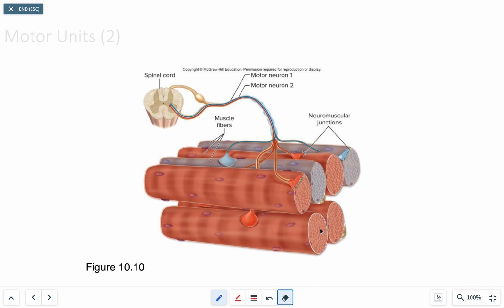If this was the quadricep muscle, we would see one motor neuron coming down and attaching to over 1,000 different muscle fibers. So when a motor neuron is stimulated, all of its fibers will contract at the same time. The total force exerted by the muscle is going to be dependent on the number of activated motor neurons or motor units.